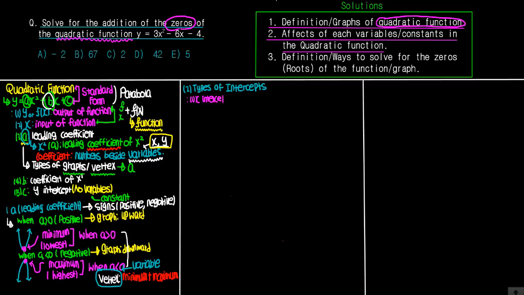So the first case of our intercept will be our x-intercepts. Well, the intercept means there's a point on the x value, which means the point is on the x-axis. And we have talked about this in a lot of videos. When the x value exists, which we call the input value, and the only reason why we notate it as the x value, not a specific value, is because we know that the x value will be a variable.